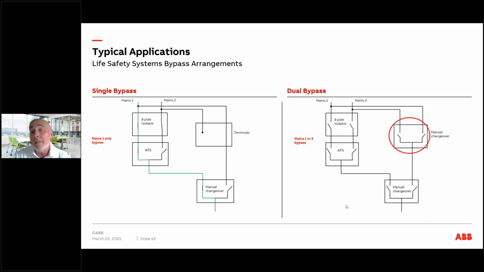Now, one of the main benefits of that, you could have a situation where you have maintenance on your upstream supply. For example, you could have transformer A and transformer B. So if you need to do maintenance on any upstream switchgear, you can switch deliberately as part of a maintenance procedure to mains 1 or mains 2 to give you options, because 1 month you could be running on transformer A, then the next month you could be running on transformer B, not just necessarily losing a fixed supply and looking at a backup supply.